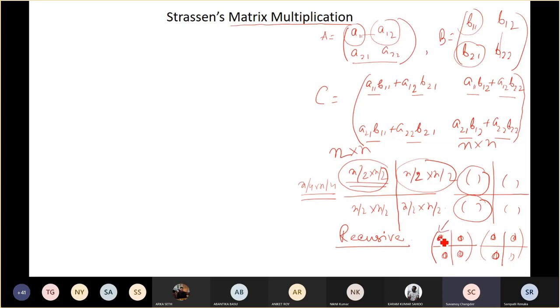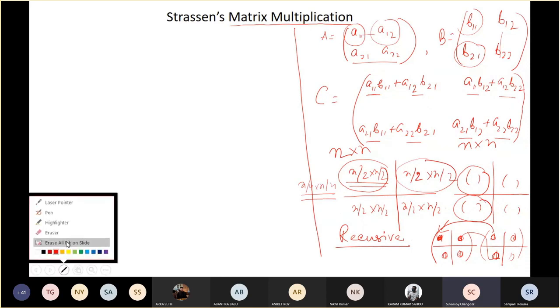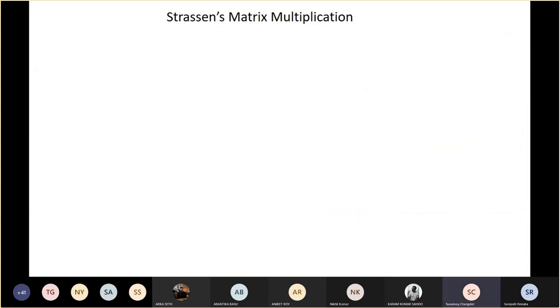Each sub-problem contains a single element. So we will multiply it this way and get the sum. Then in the next higher level, these two values will be considered as the element of a matrix and will be multiplied and so on. So therefore we require how many? 1, 2, 3, 4, 5, 6, 7, 8. We require 8 multiplications.